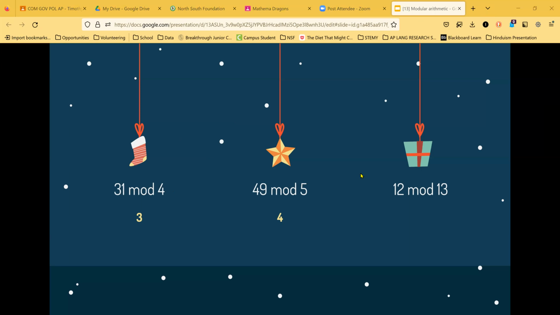It's actually 12. What a lot of you are doing is thinking in your head that the greater number must be the one being divided, so you switch the numbers, even though that's not what the question is. If it were 13 mod 12, you would be correct, and it would be 1. However, it's 12 mod 13. So what would the remainder be when we divide 12 by 13? It would be 12. Good job to the person who got 12.